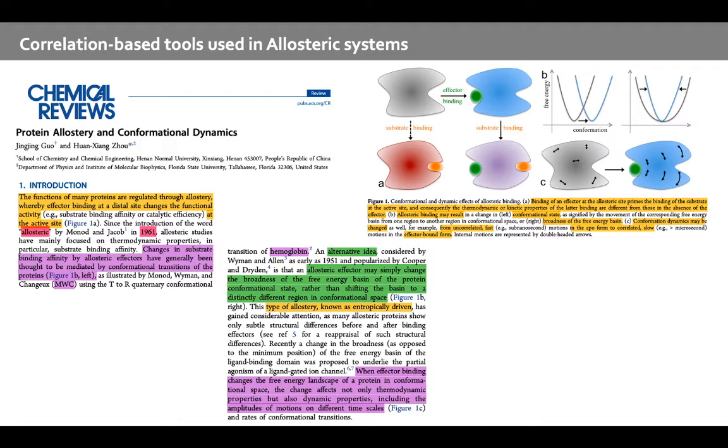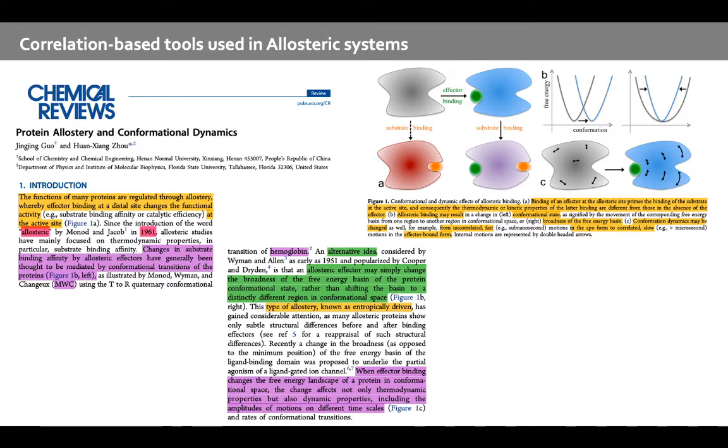With that, you can define the correlation matrix, which has for each pair of residues this Pearson coefficient. And this matrix is the one that we need for computing the shortest path map.